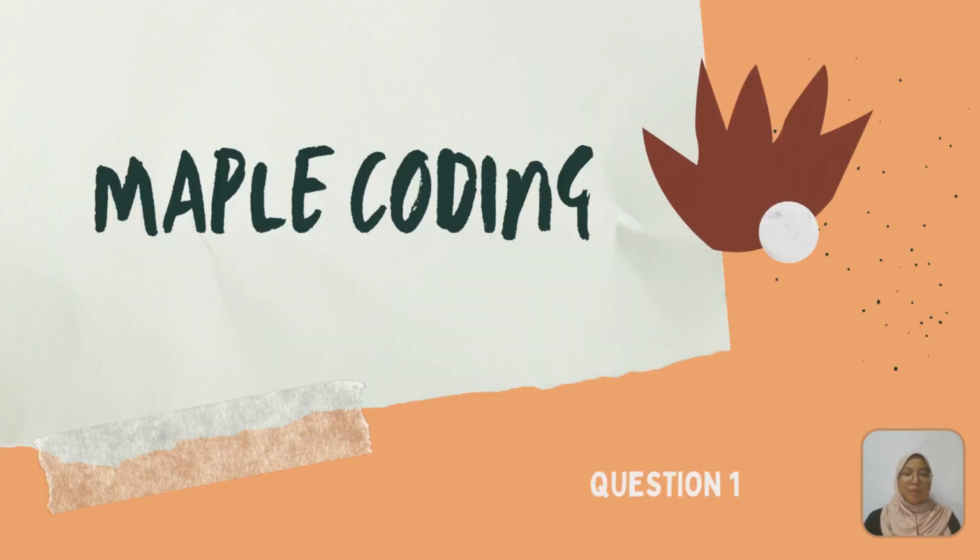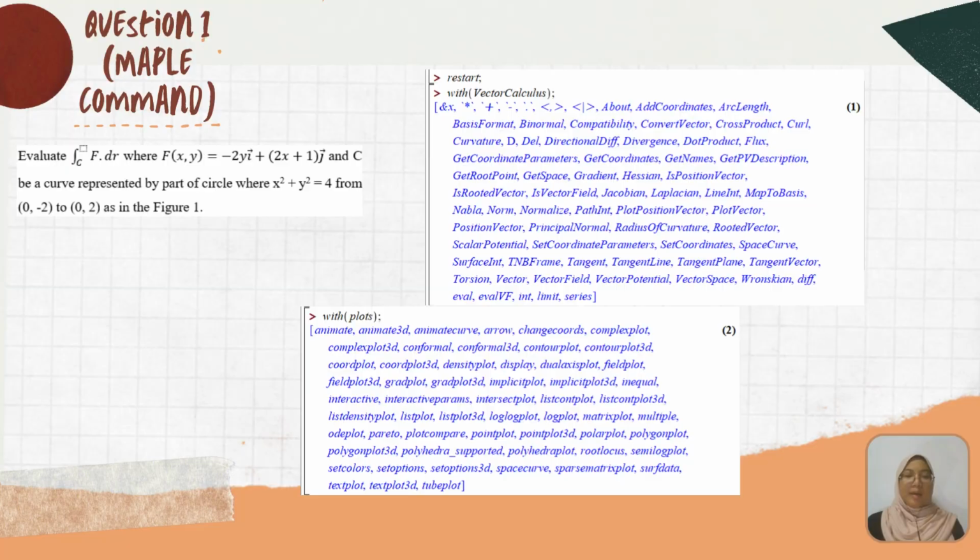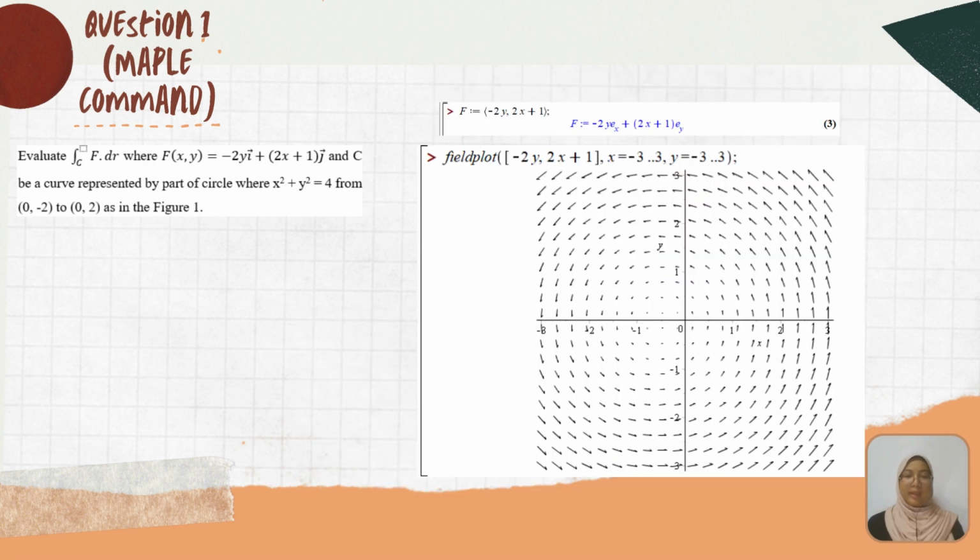Next, we move to the Maple command for question 1. Firstly, we use the restart command, then we use vector calculus because we are going to use a dot product in the calculation. Next, we put the command with plots because we are going to plot the field using field plot and implicit plot. Then we insert the command for the equation of the force field, which is F(x,y) equals negative 2y for the component of vector i and 2x plus 1 for vector j.